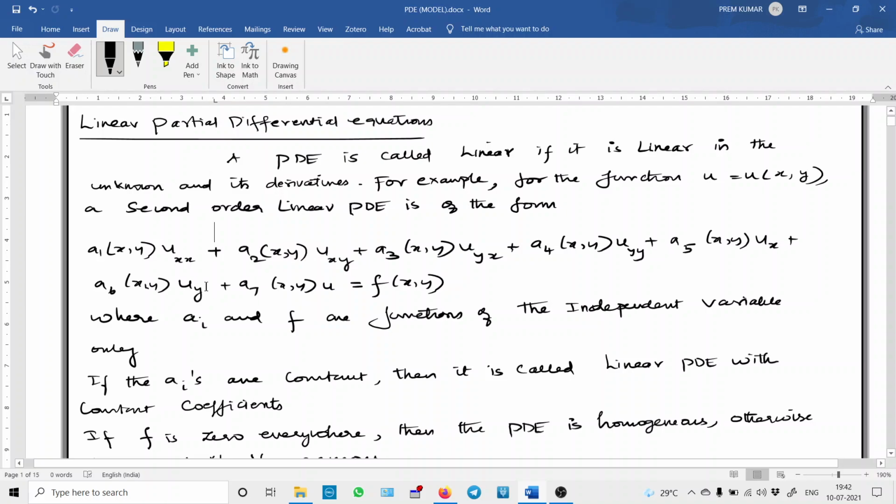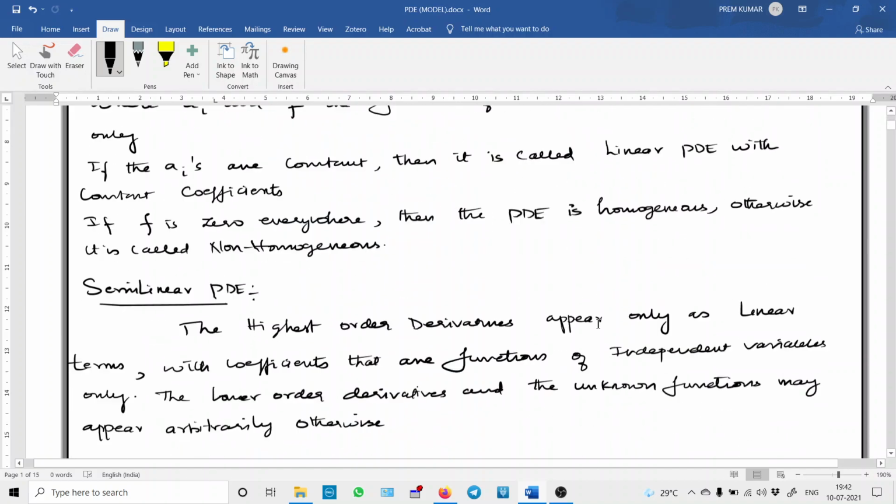So if that is the case of a differential equation where the highest order derivatives are linear and these coefficients a1 are compulsorily functions of x and y alone, and we cannot guarantee the lesser order terms, that is u_x, u_y, u, etc., they may be linear or non-linear, then we say that differential equation is semi-linear.